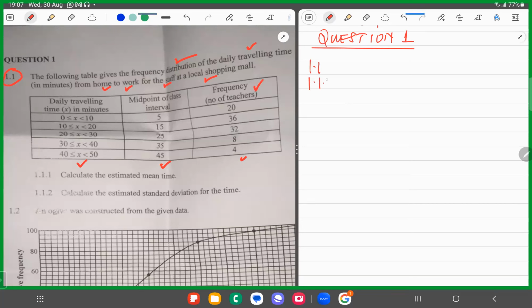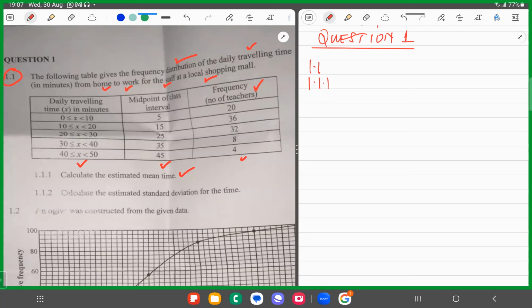But if you look at 1.1.1, calculate the estimated mean time. So this one is straightforward.